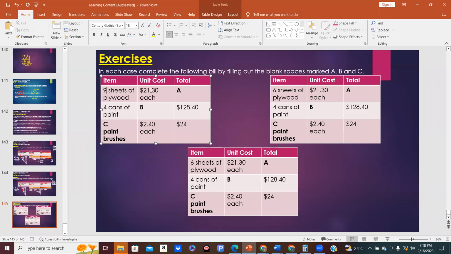So for this one, let's say it's 9. And let's say that instead of costing 23, it costs 25.20. And let's say it's 5 cans of paint. And this is 15.05.